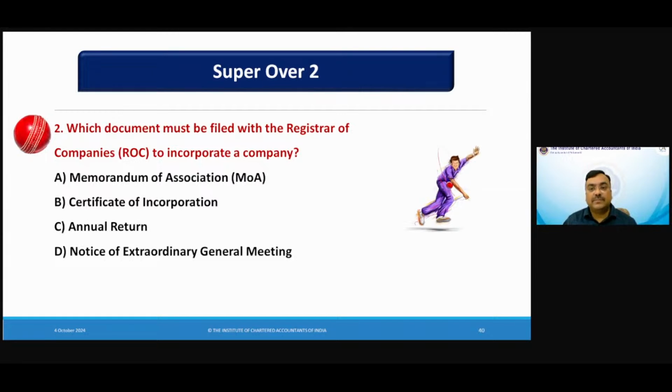Which document must be filed with the Registrar of Companies to incorporate a company: Memorandum of Association, Certificate of Incorporation, Annual Return, Notice of Extraordinary General Meeting.